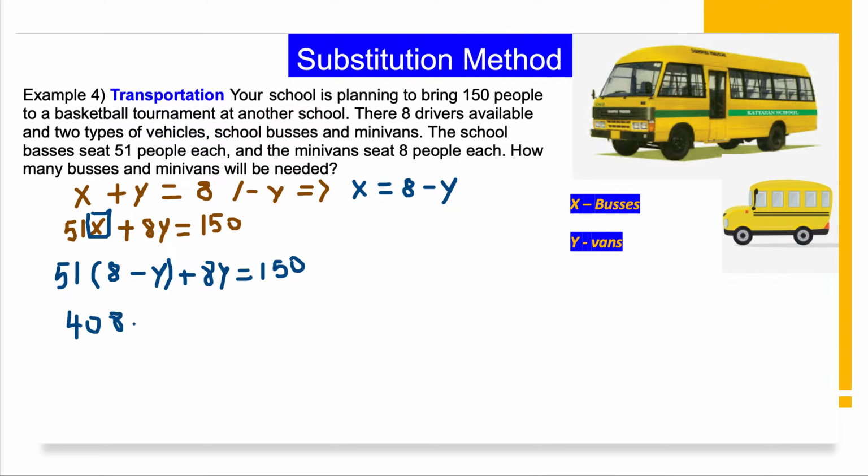And 51 times y is minus 51y, plus 8y is equal to 150. So now it's just that the numbers are getting bigger. Other than that, everything is okay. Because the numbers are getting bigger, we have to use a calculator, of course.